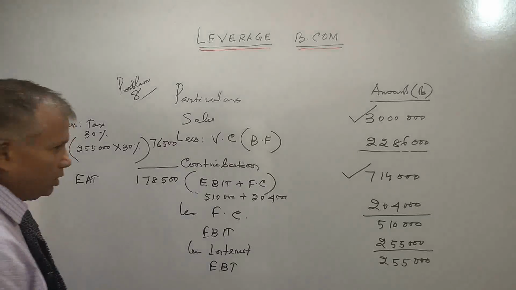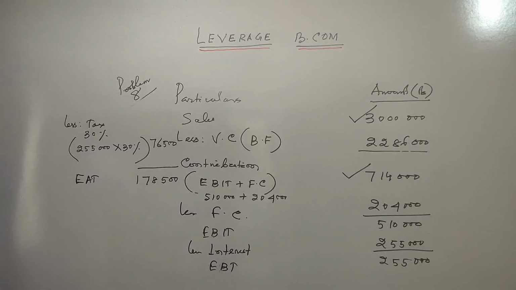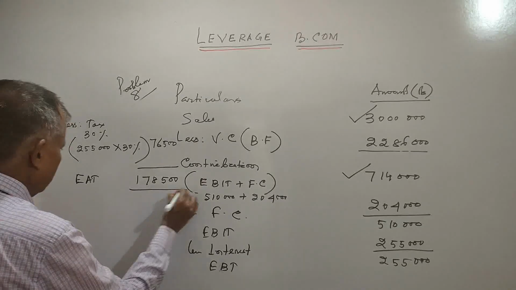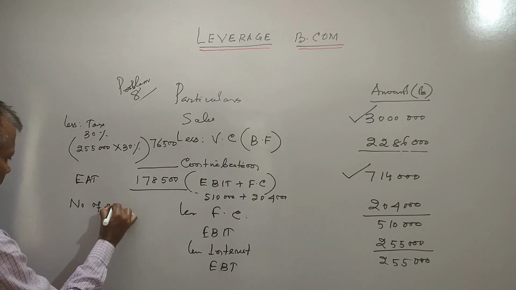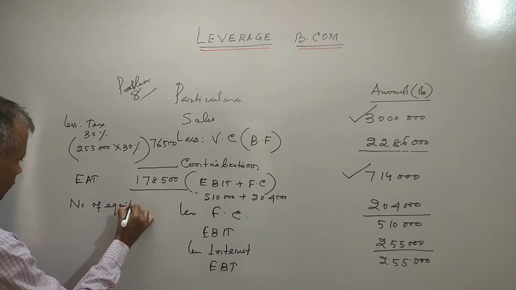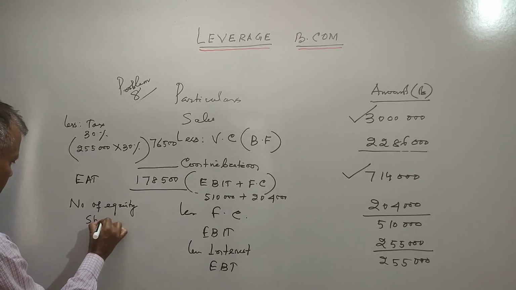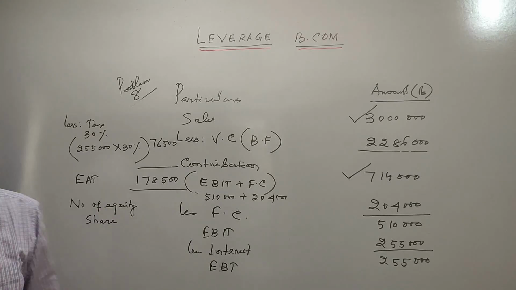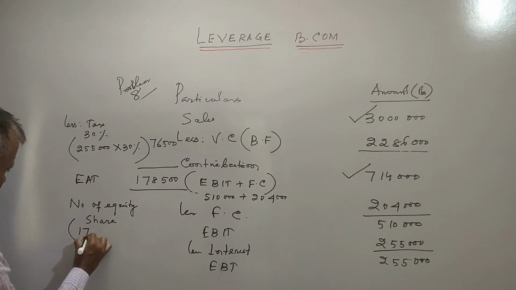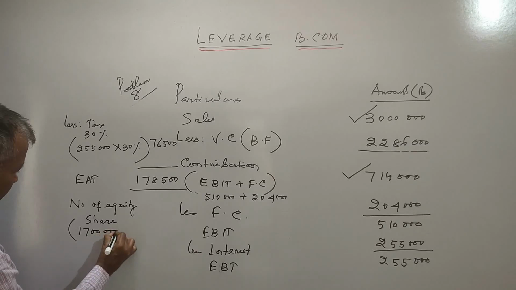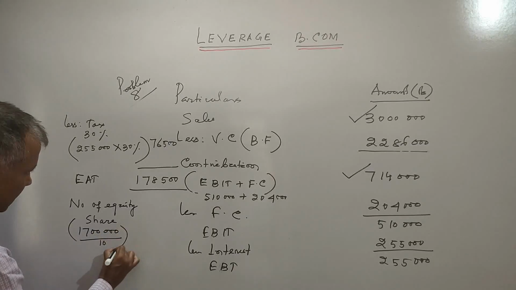1,78,500 is your EAT. Now we have to find out the number of equity share. We know that the total equity capital was 17 lakh and each share is rupees 10.